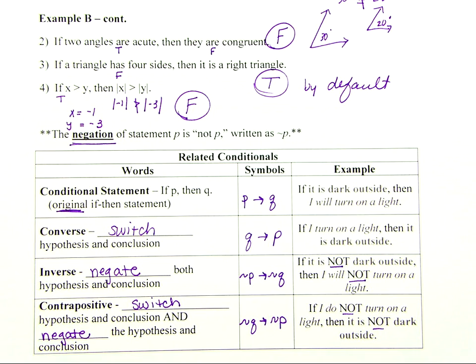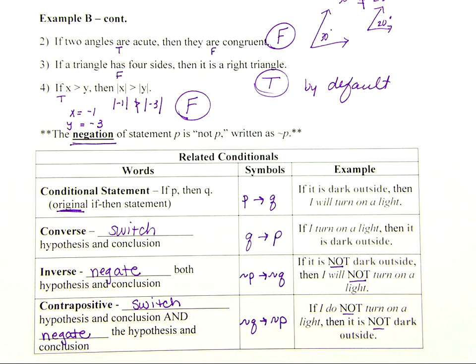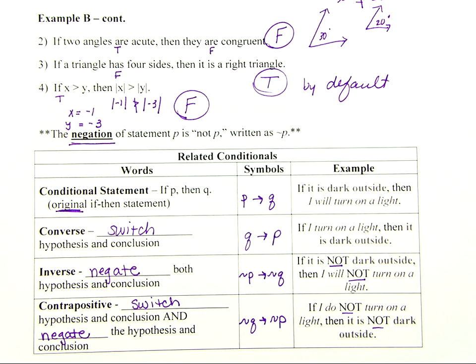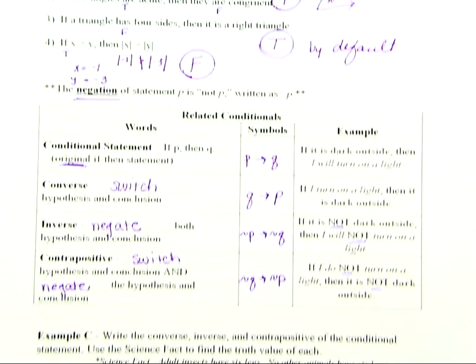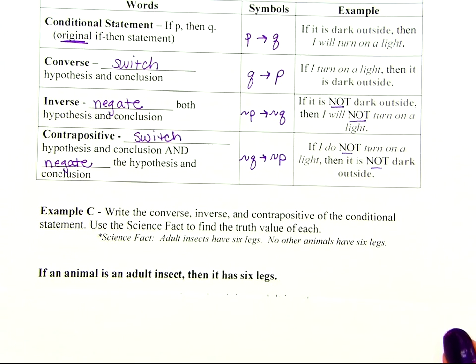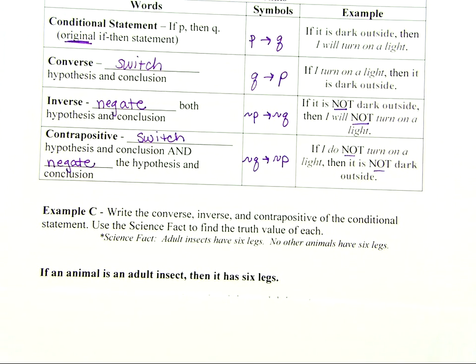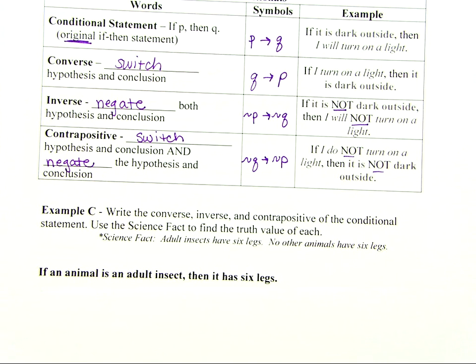When you're given the related conditional statements, you can analyze each one to see if they are true or false. And we're going to practice writing those and also analyzing the truth value. So we'll first look at a given conditional in example C, where my statement says that if an animal is an adult insect, then it has 6 legs.